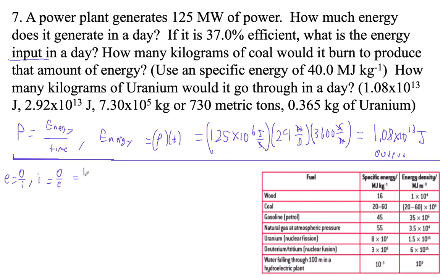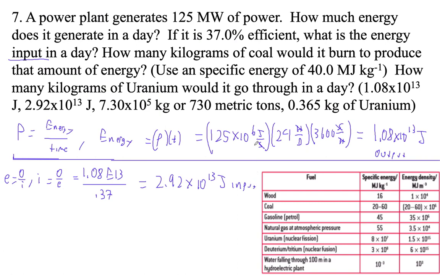So it's going to be 1.08 times 10 to the 13th divided by 0.37. Take that, divide by 0.37, and you get roughly 2.9189, so 2.92 times 10 to the 13th joules. And this is our input.